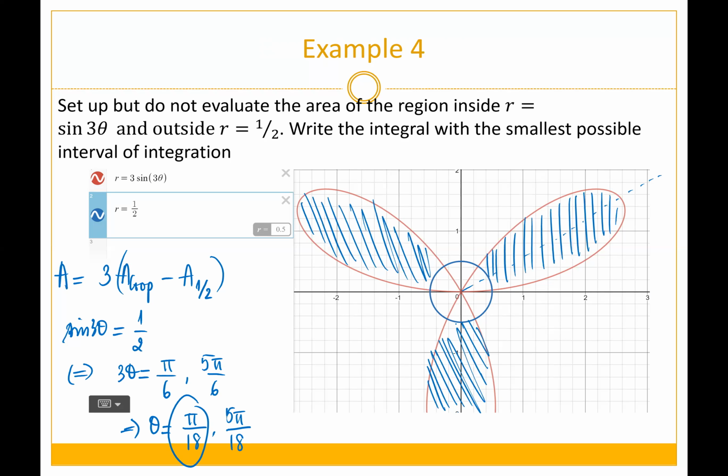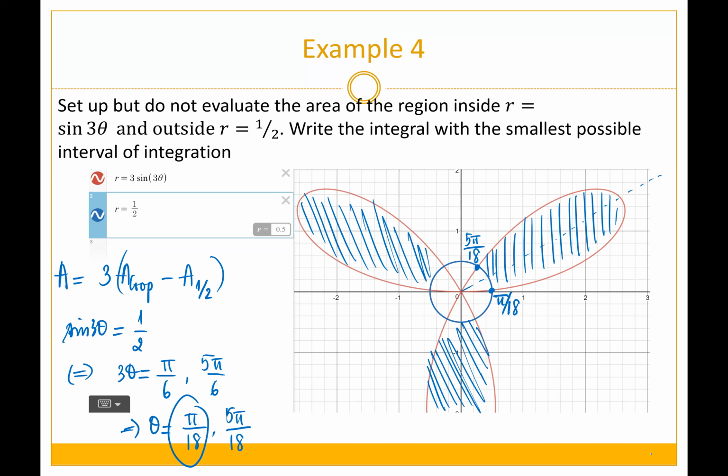And so in that case, pi over 18 is this, and then 5 pi over 18, sorry, I made a mistake and messed up this thing a little bit. So the way these two intersections work is, yeah, they are the first two points where the curves actually cross one another.